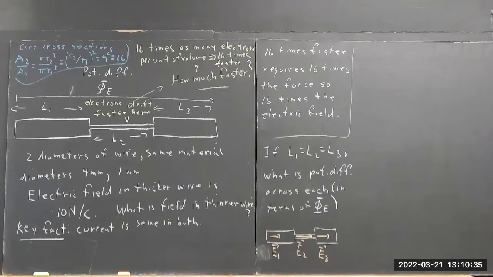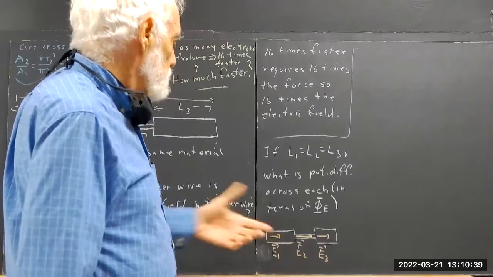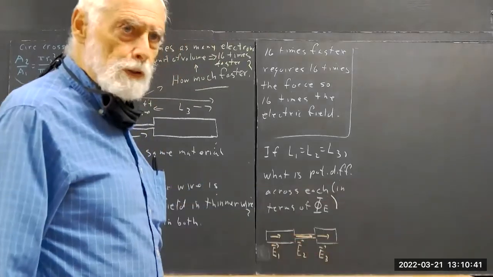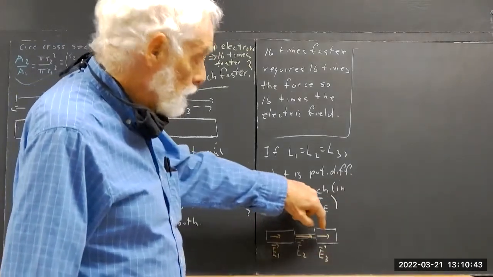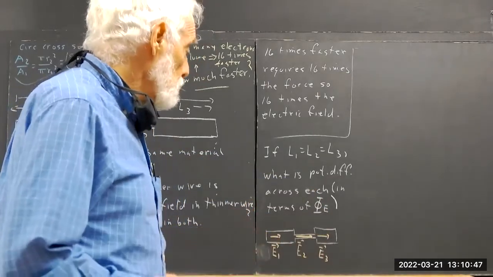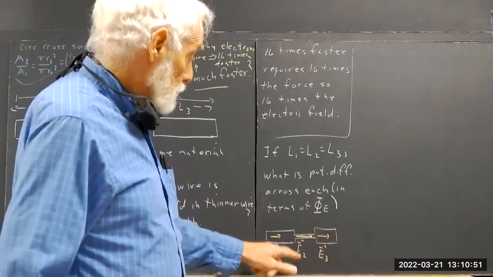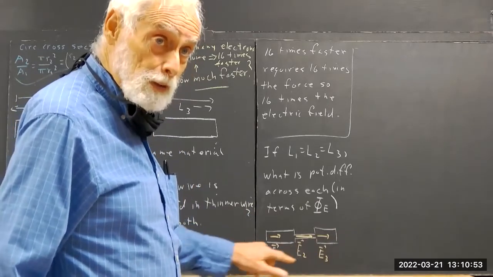Okay, I don't remember if I drew the picture before or after the applause. We can picture this schematically with electric field here, electric field here, electric field here, right? Of course, we see pretty quickly that the arrows are not quite right, because the electric field here is 16 times as great as these, right?